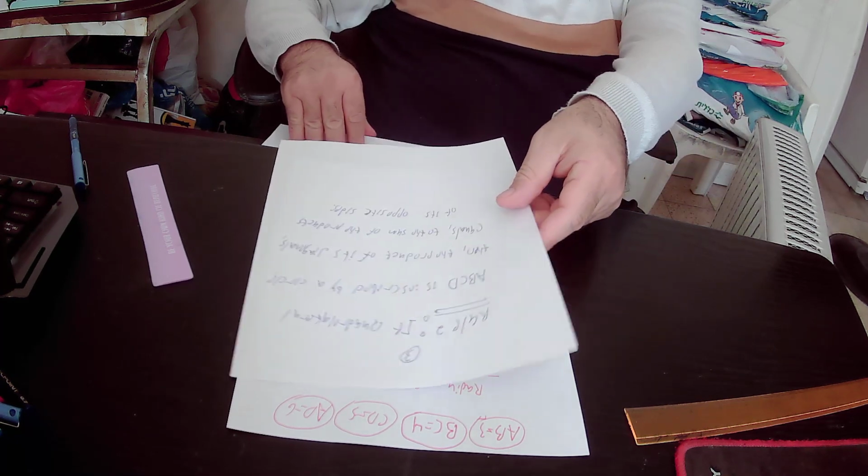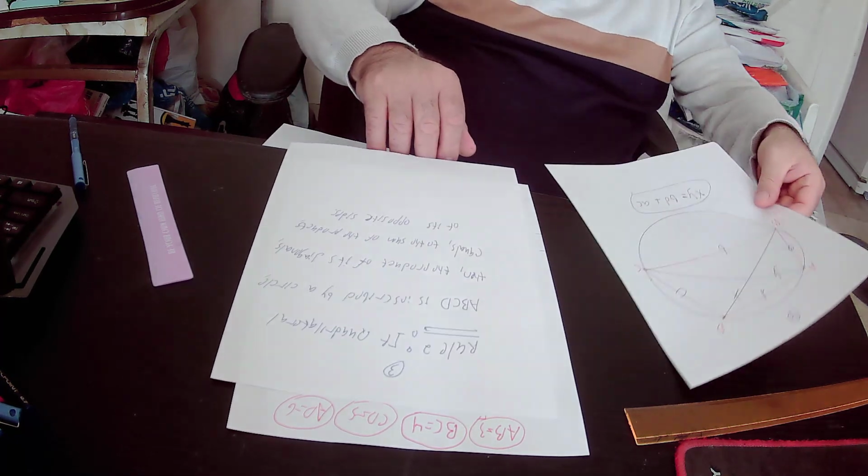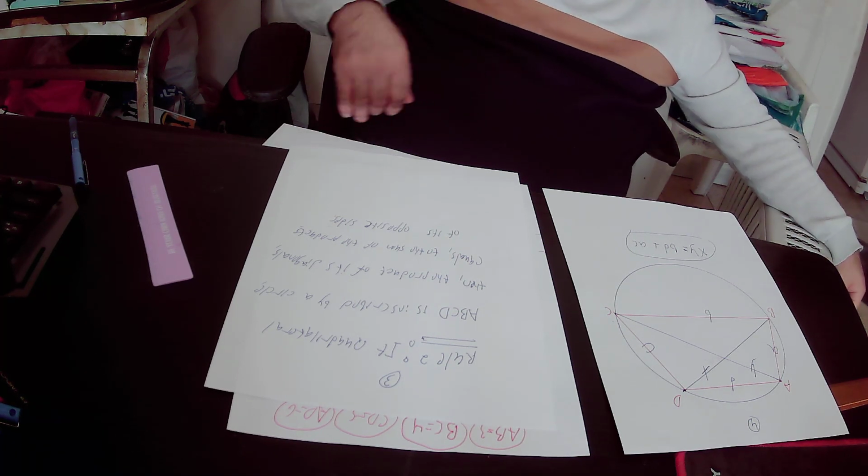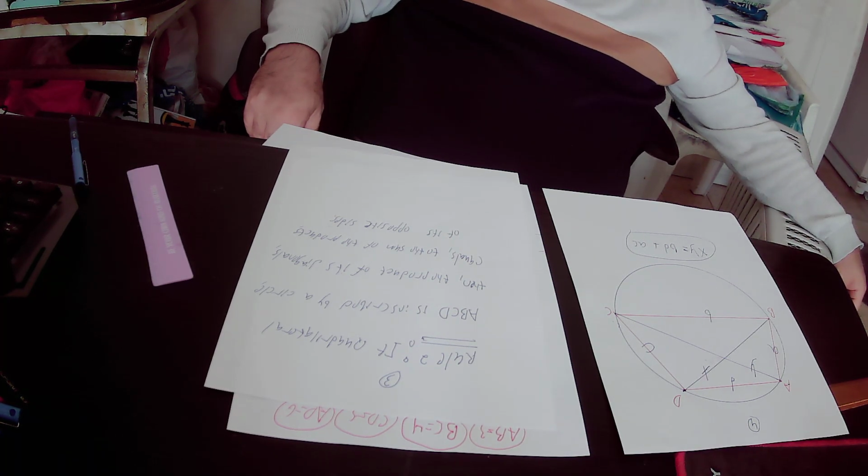According to rule number 2, if quadrilateral ABCD is inscribed by a circle, then the product of its diagonals equals the sum of the products of its opposite sides.